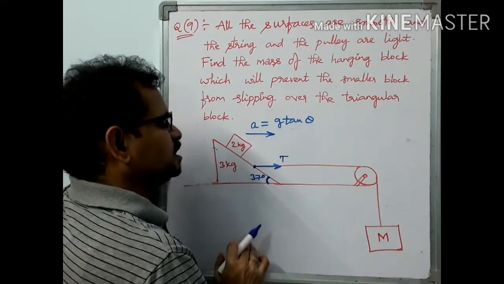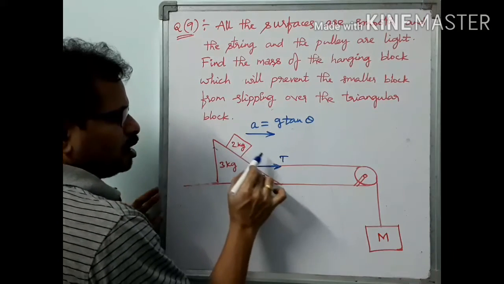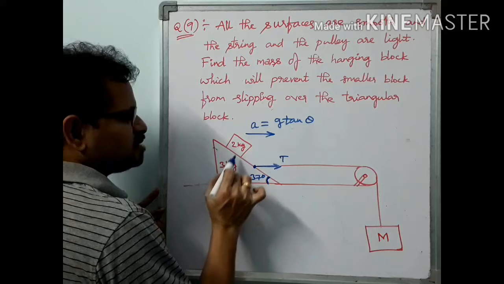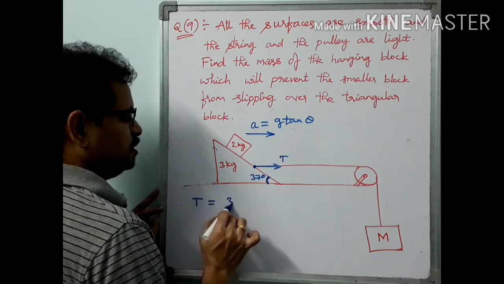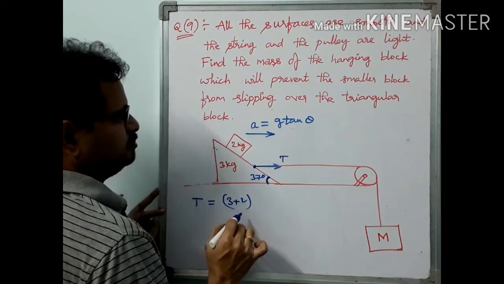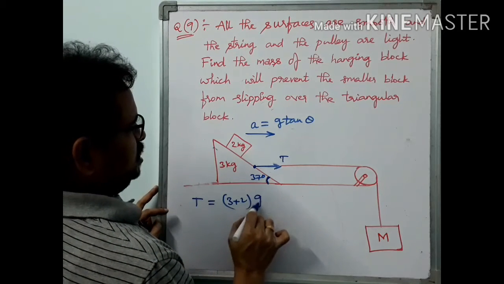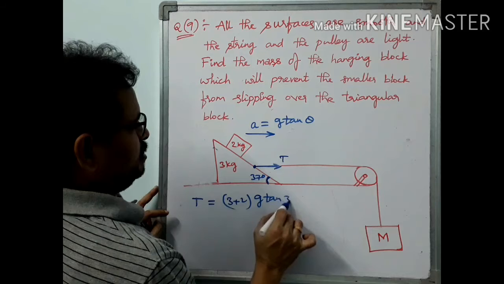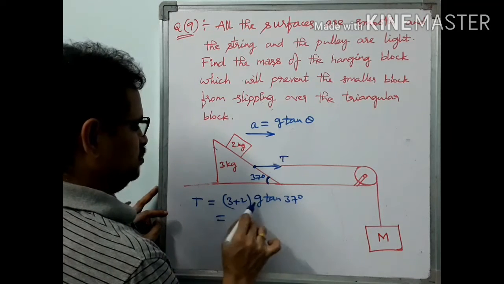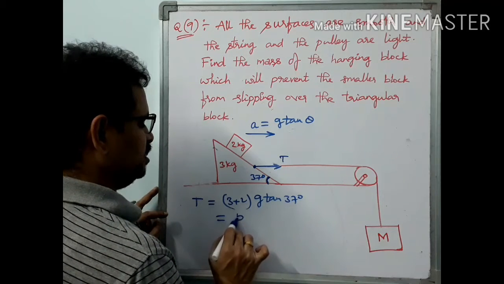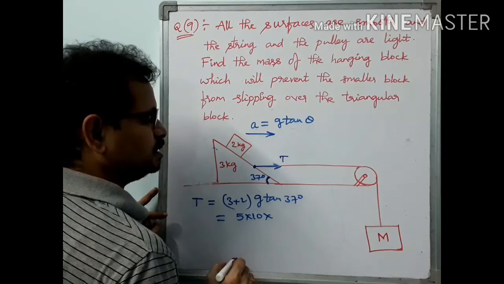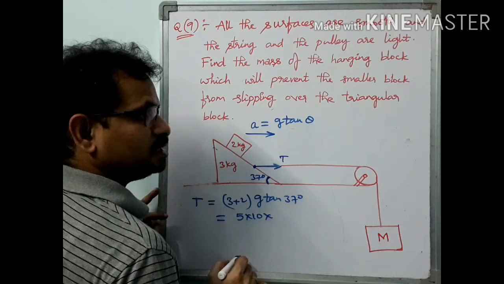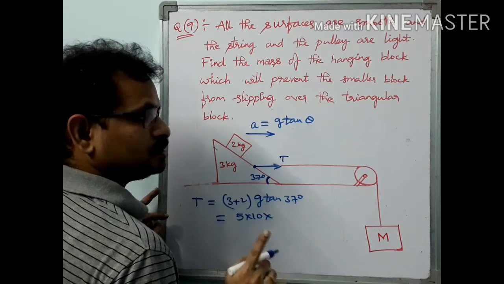So what is the tension force here? On how much mass is this tension force acting? This mass plus this mass. So tension force T equals (3 plus 2) times g tan 37 degrees, that equals 5 g tan 37 degrees, 5 into g, 10, into tan 37 degrees. What is tan 37 degrees? 3 by 4.